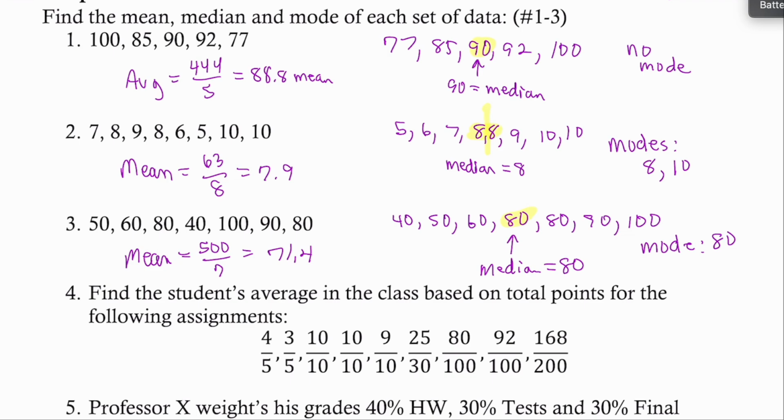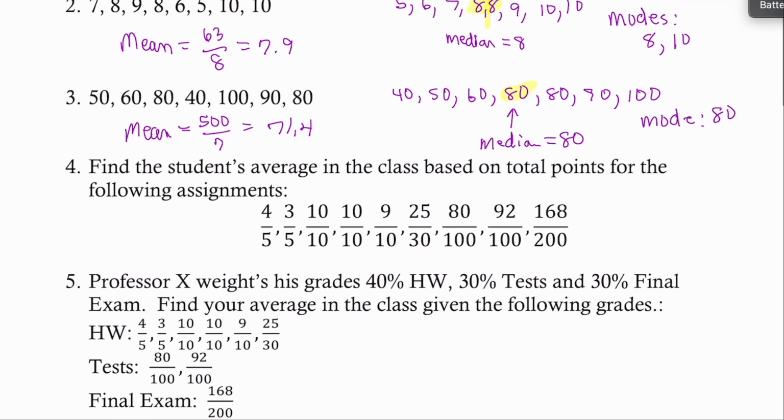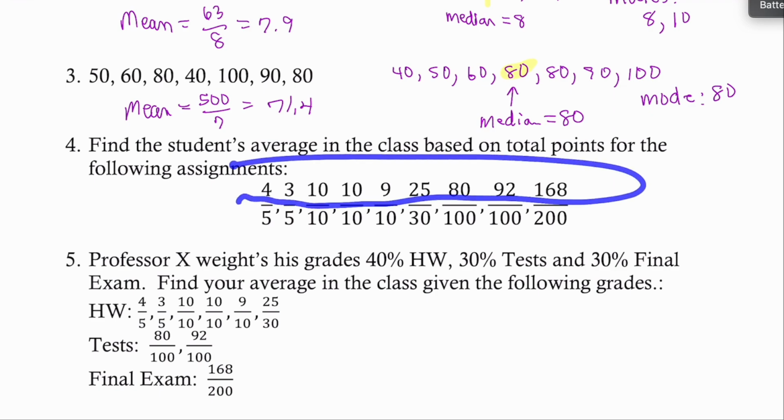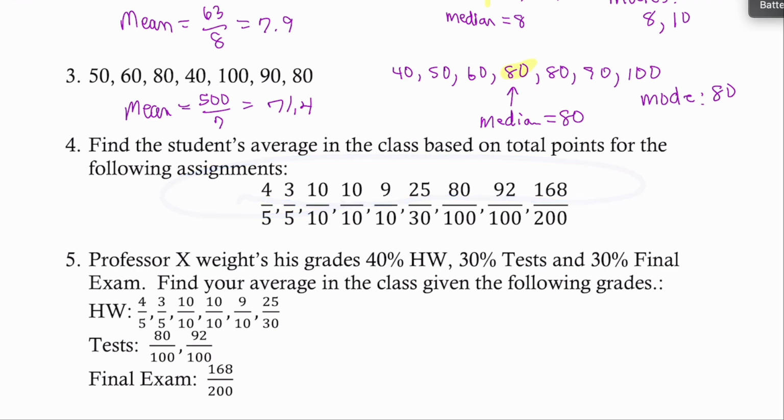Now we are going to find average in 2 different ways. So if we think about how many things you have as your total points and how many things were possible as the total number of things possible, we're going to add up our total points for all of our grades.